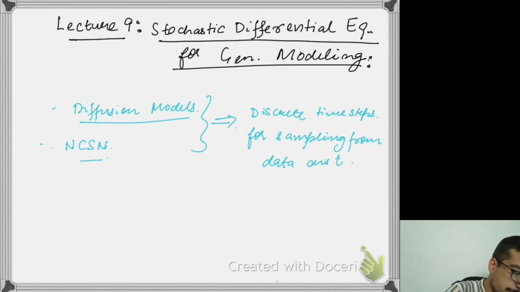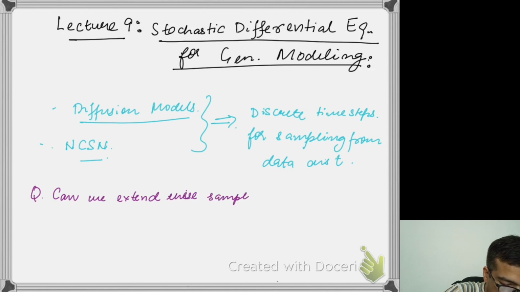So the question now is, can we sample from a continuous number of time steps? Can we extend the sampling to continuous time steps?